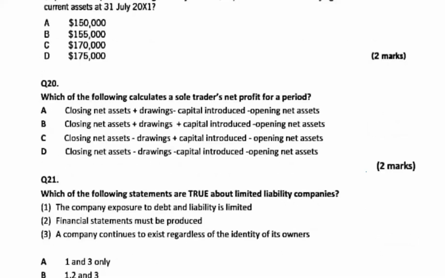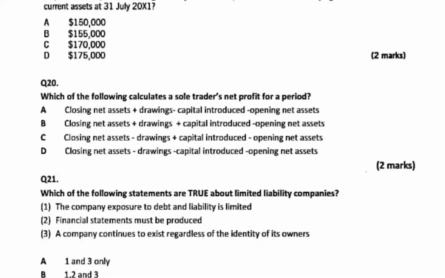Okay. Question number 20. Lusungu, would you read for us question number 20? Which of the following calculates a sole trader's net profit for a period? A, closing net assets plus drawings, capital introduced, opening net assets.